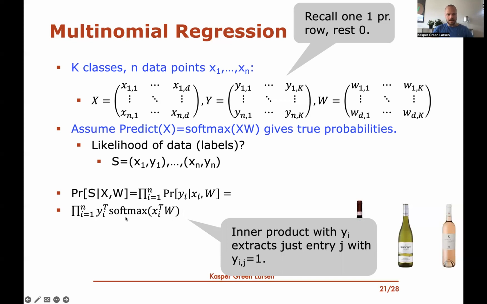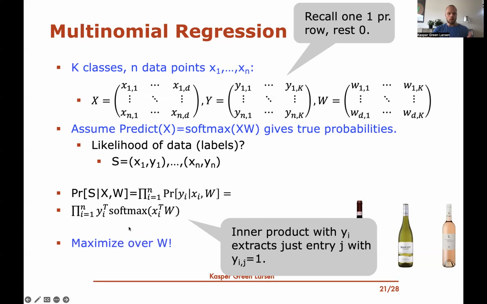Now the softmax contains a probability for each of the K classes, where each entry is the probability of that class as predicted by the model parameters W. Since yi has just a single one, this inner product between yi and the softmax vector just extracts the probability for the actual class of the label that the data point has. It picks that single entry of the softmax vector, which gives the probability of the concrete label.